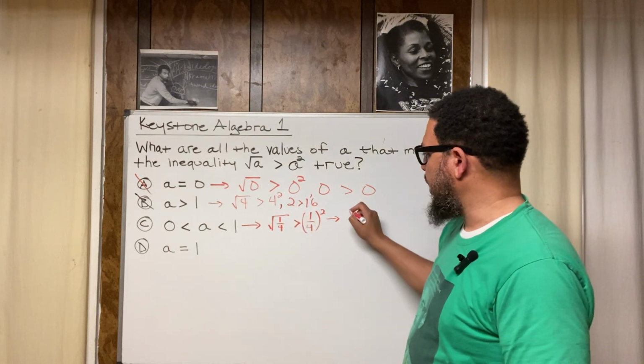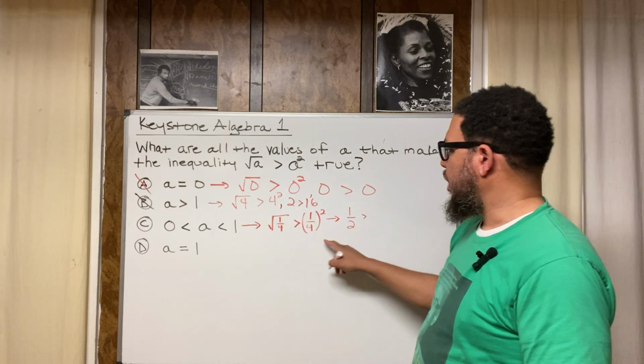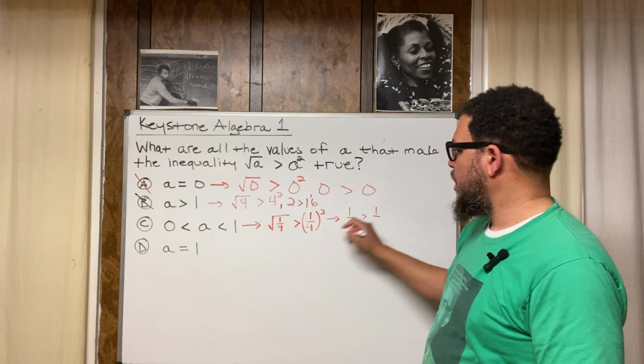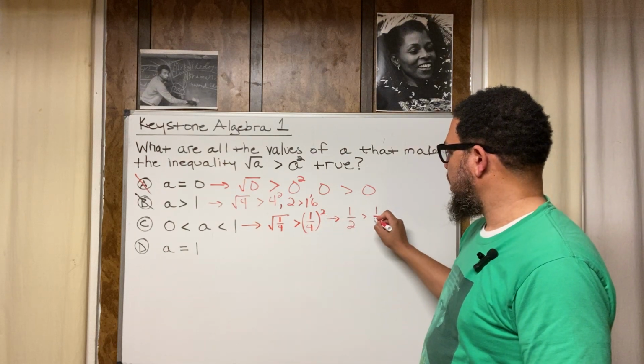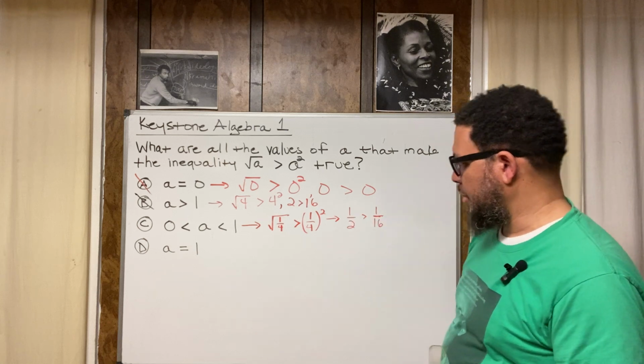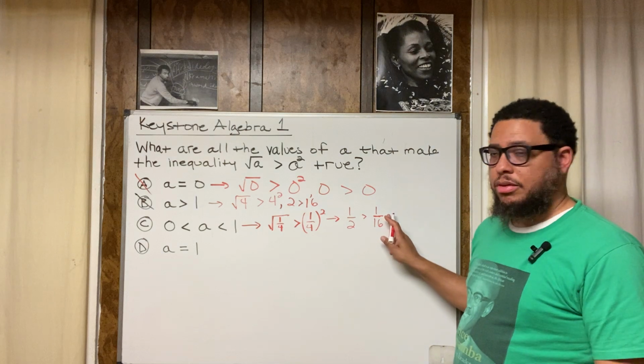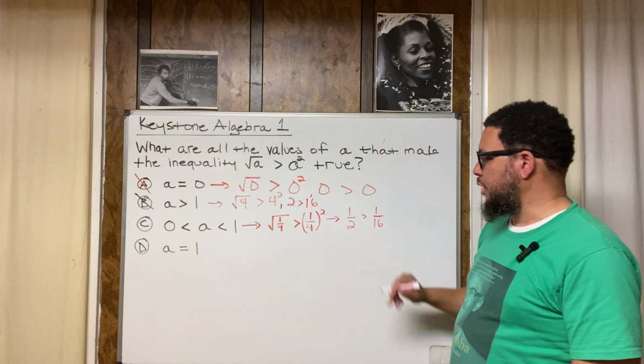So this is going to become 1/2. And then over here, 1/4 squared, 1 squared is 1, 4 squared is 16. Is this a true statement? Yes, it is. 1/2 is greater than 1/16.